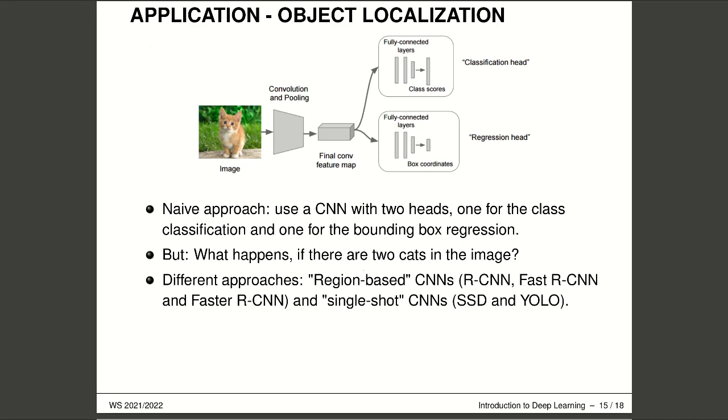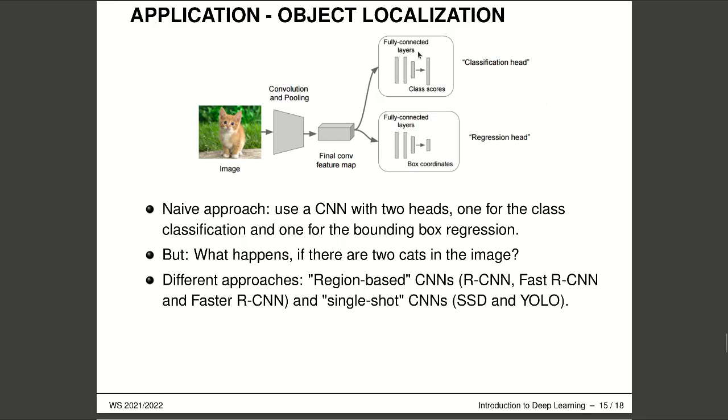Okay, then let's put everything together. We take our network composed of convolutional and pooling layers, which takes input images and then creates a good feature map at the end by the final convolution. Many approaches solve this problem by having two heads at the end after the final convolutional layer, one for classification and another one for regression.